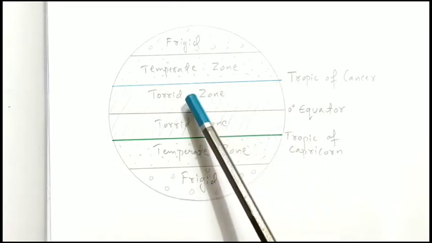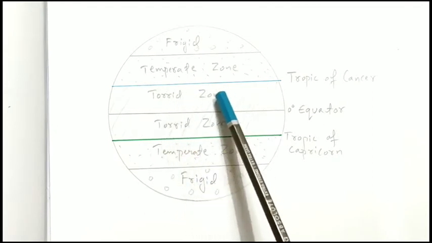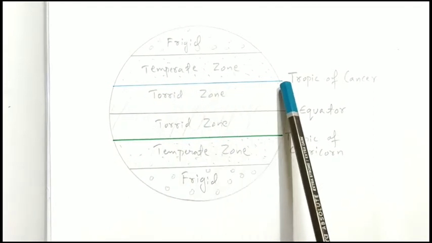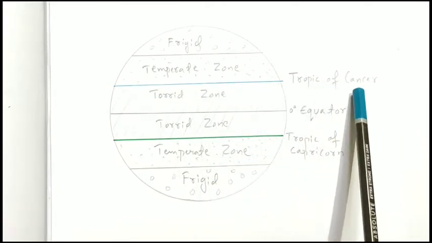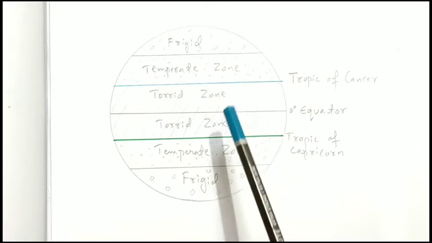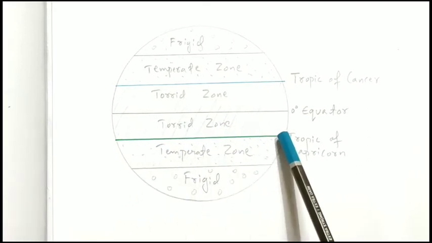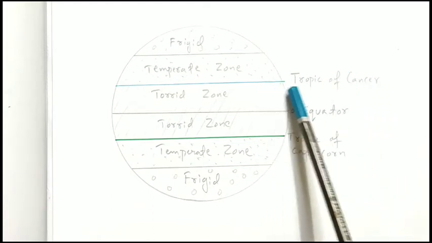It is so because I have told you that this part is a tropical zone, right? So this line till where the tropical zone lies is called as Tropic of Cancer in the northern area. And this bottom part of the tropical zone is called as Tropic of Capricorn. Remember this.